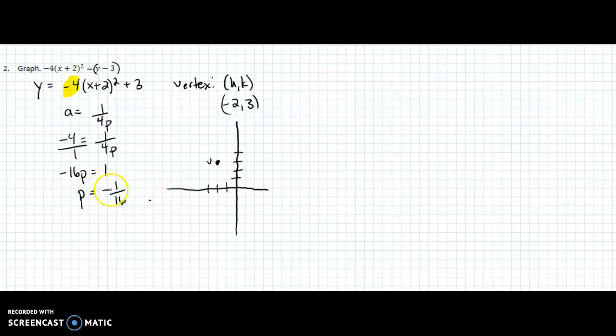P is negative, so you're going to go down 1/16. So it's essentially right on top of that dot. I'll get it as close as I can with my stylus here. We'll call that the focus, and my directrix is going to be directly up from it. So it's not quite through it. And then your parabola is going to be a little skinnier, so we'll make it that way.